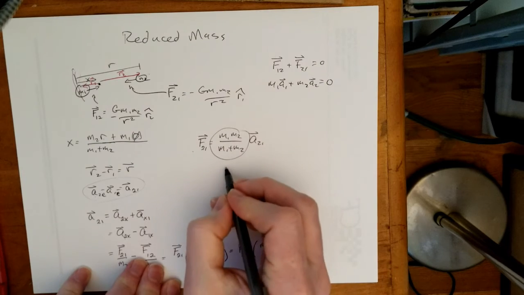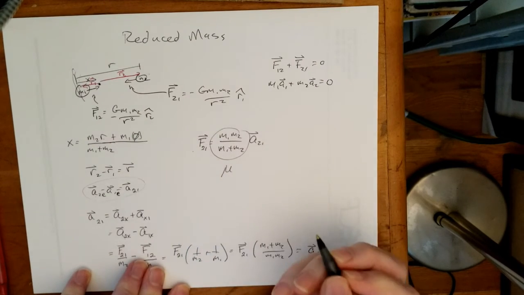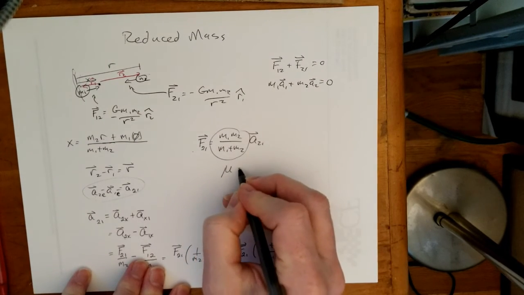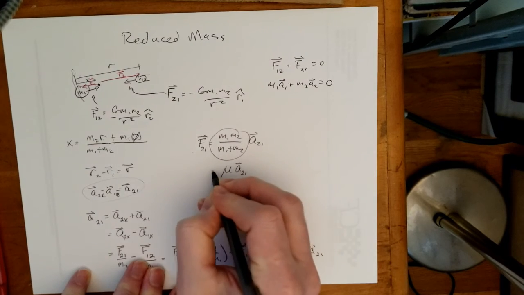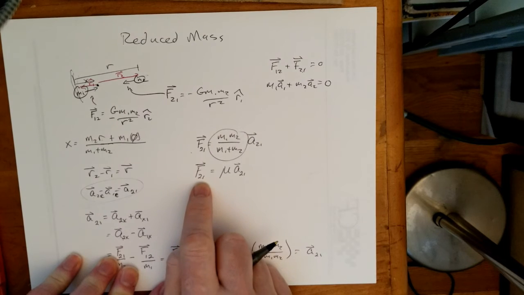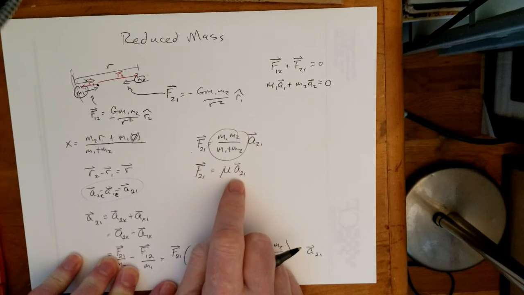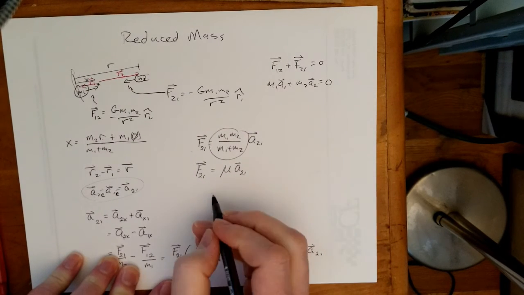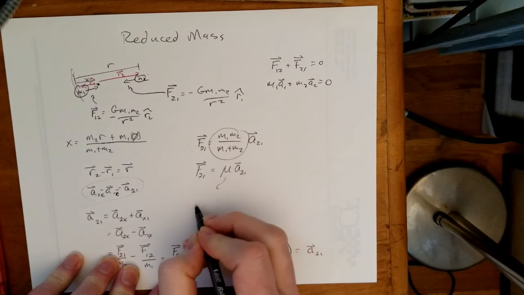This right here is known as the reduced mass, which often is symbolized by the letter mu. We basically have Newton's second law: the force on 2 from 1 is equal to mu times the acceleration of 2 with respect to 1. We can look at this slightly differently.